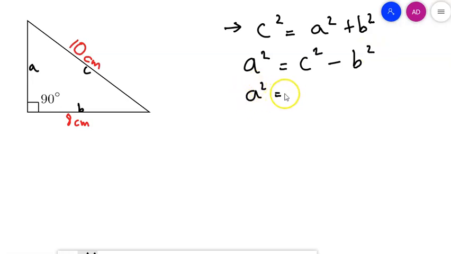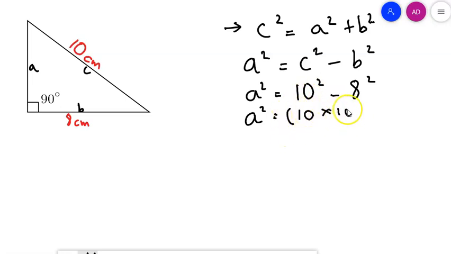A squared equals, C is 10, so that's 10 squared, subtract, and B is 8, so that's 8 squared. 10 squared, or 10 to the power of 2, is 10 multiplied by 10, and you're going to subtract from that 8 to the power of 2, which is 8 multiplied by 8.